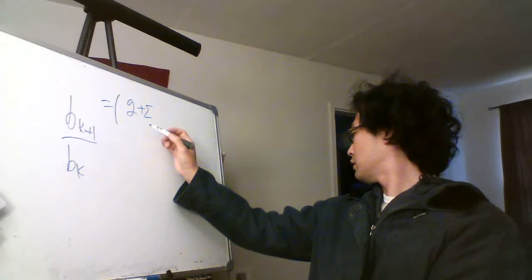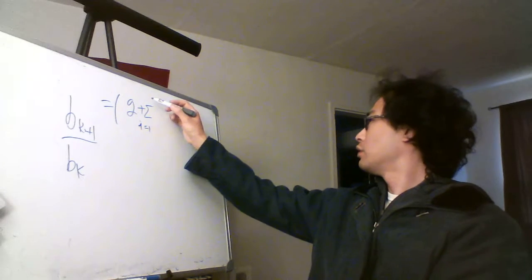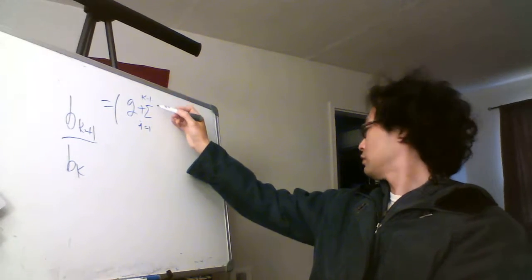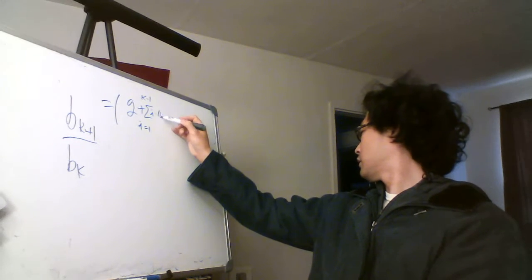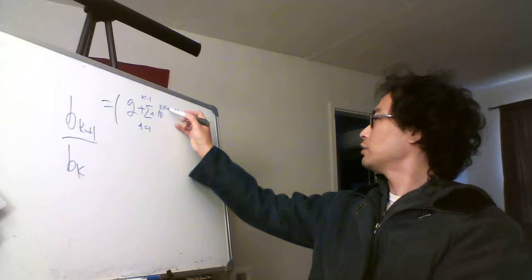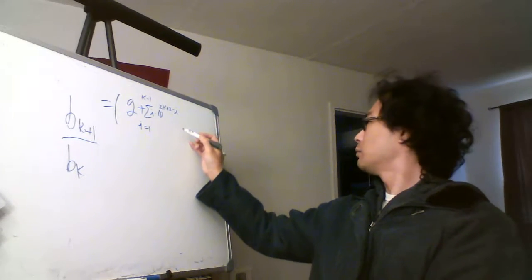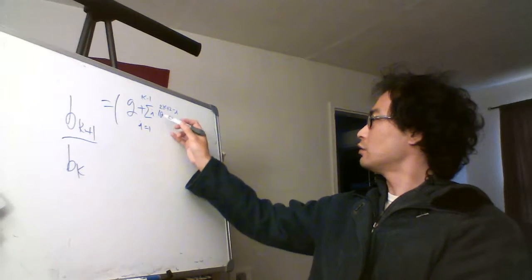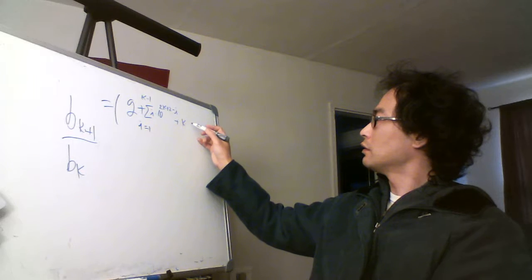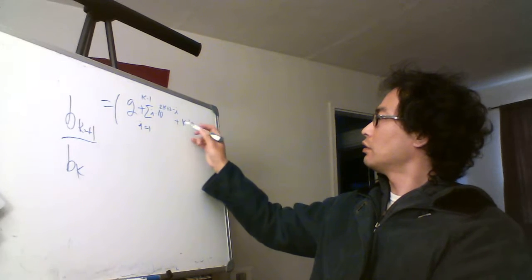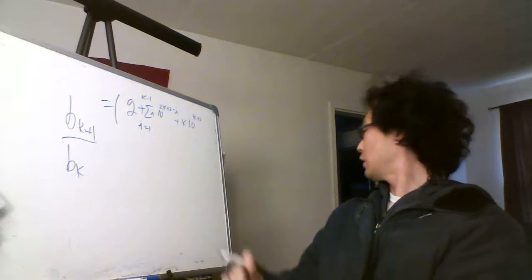Sigma, i from 1 to k minus 1, i times 10 to the 2k plus 2 minus i, plus, when i is equal to k, times 10 to the i, which is equal to k, okay? So k plus 2, okay?